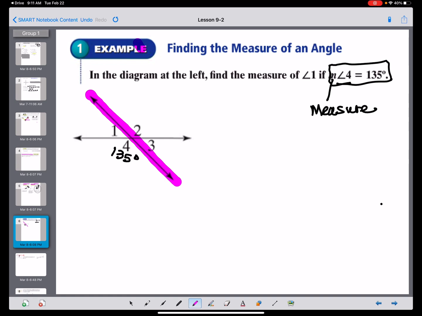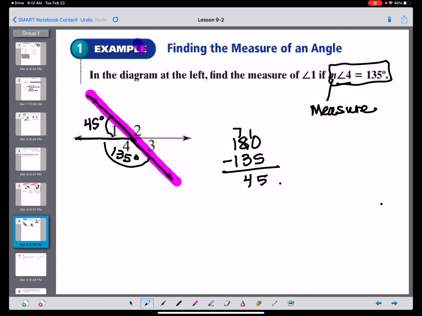So if this portion of the line is 135 degrees, then these two angles are supplementary, meaning their sum is 180. So I can do a little math here. 180 minus 135 would give me the measure of angle 1. And so I know that this must be a 45-degree angle. The measure of angle 1 equals 45 degrees.